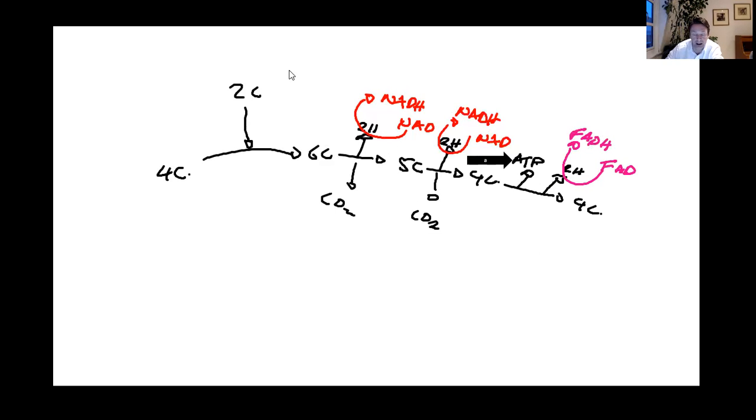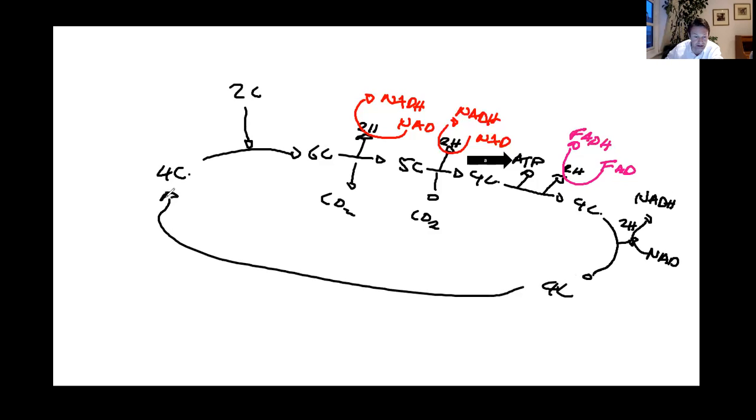Now, that 4-carbon compound then gets oxidized again to release another 2 hydrogens, and these get picked up by another NAD to form another NADH, which again goes off to the electron transport chain, and then we end up producing, back where we came from, another oxaloacetate.